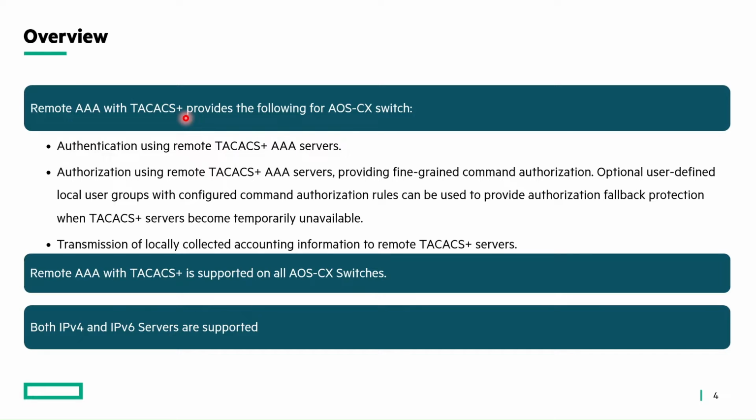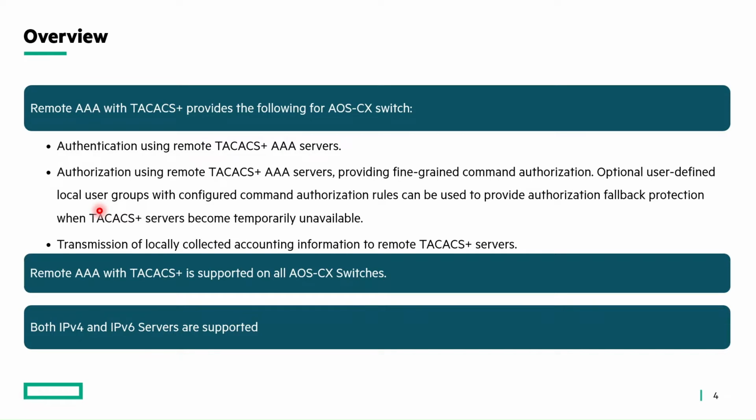So the remote AAA with TACACS Plus provides the following for AOS-CX switches: authentication using remote TACACS Plus AAA servers, and authorization using remote TACACS Plus AAA servers, providing fine-grained command authorization.